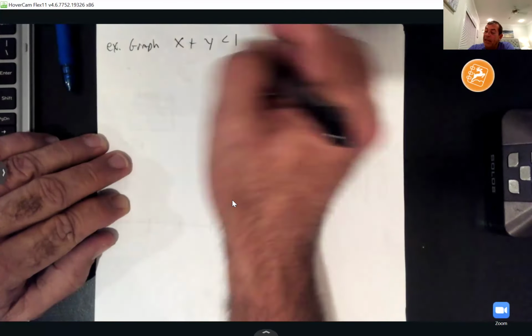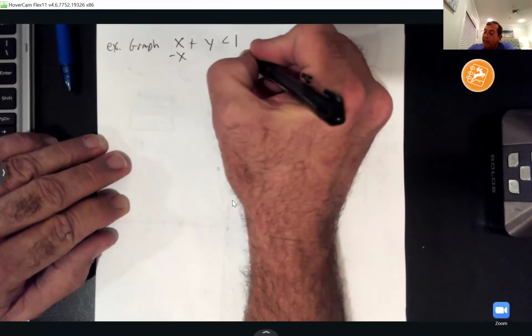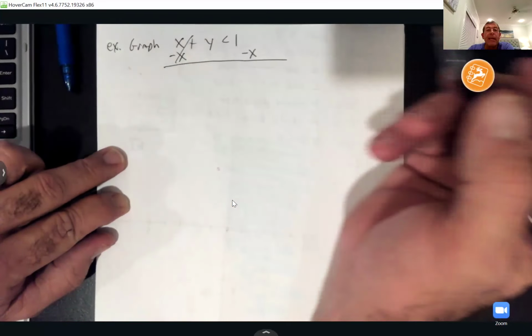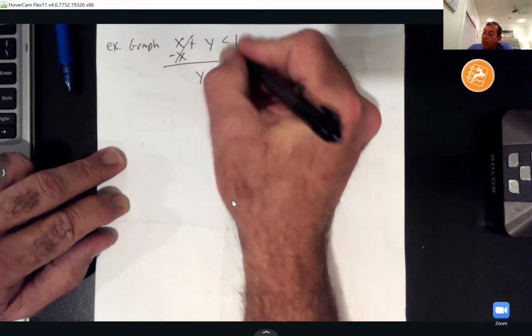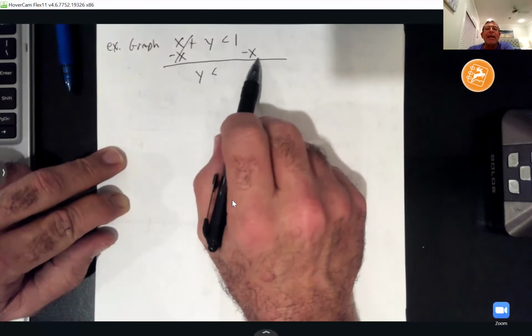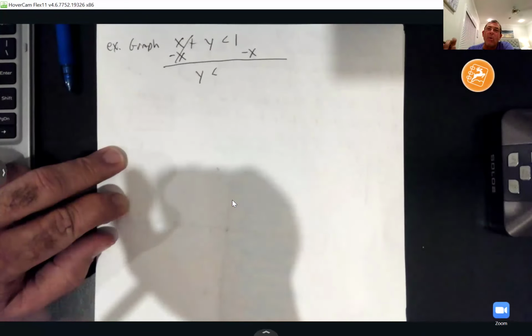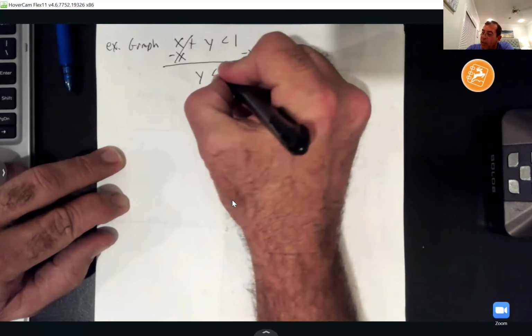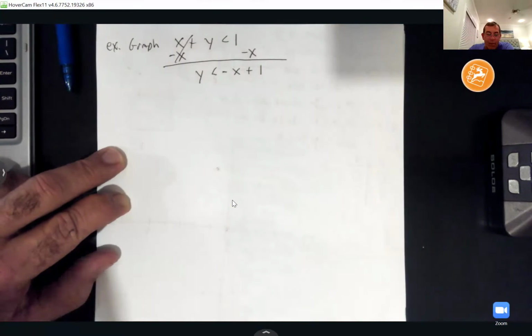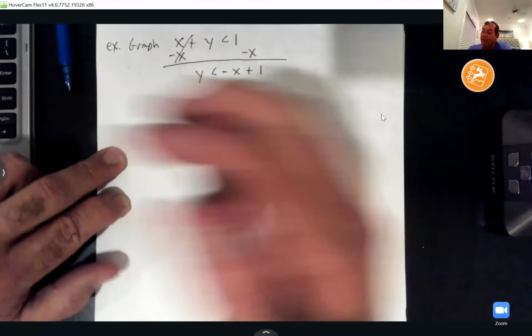So you want to move this x over by subtracting. So we get a y because the x's cancel. Y will be less than. Now, you can either put 1 minus x, or if you like that y equals mx plus b form, you can put negative x plus 1. Either way on that, okay?